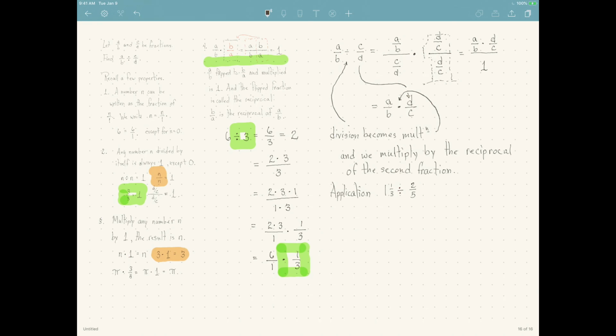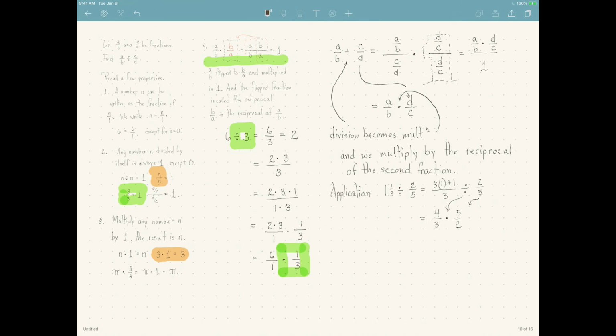Remember that this is a mixed number, and the first step is to recognize that a mixed number is also a fraction if you think of it as 3 times 1 plus 1 over 3. Then we still have our divided by 2/5. And this becomes 4/3. Then our division changes to multiplication, and our second fraction becomes its reciprocal, 5/2.